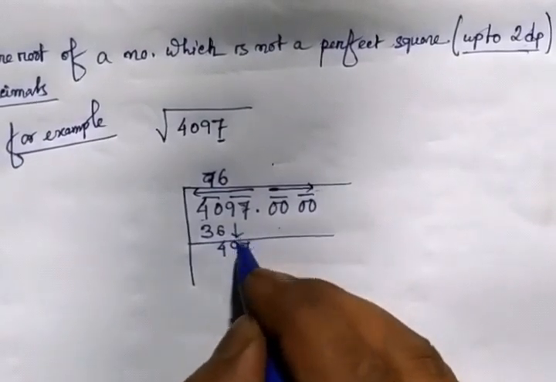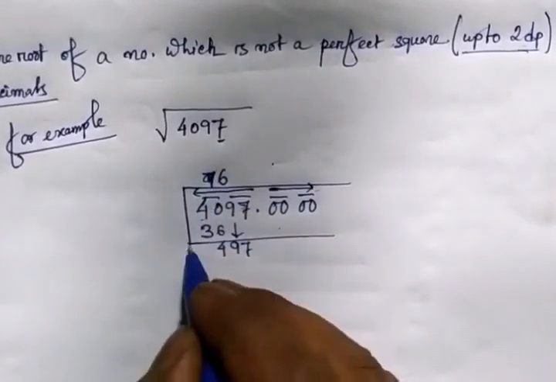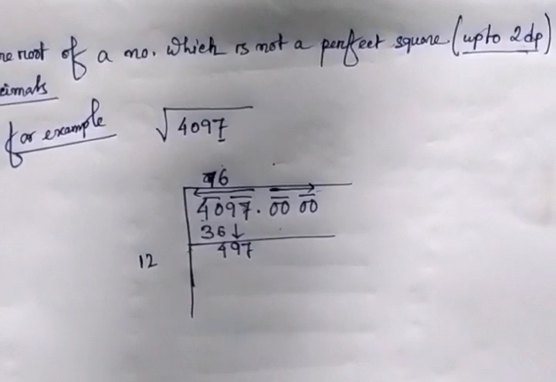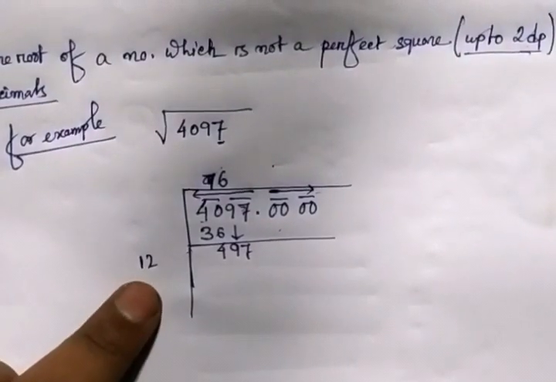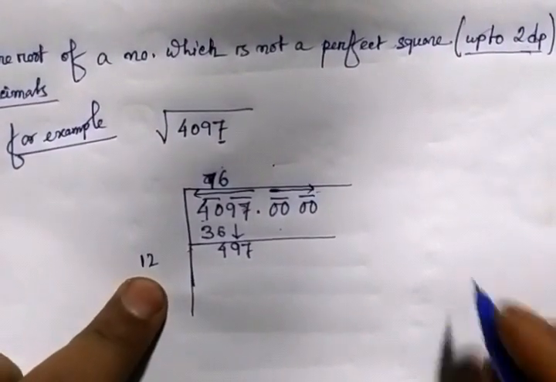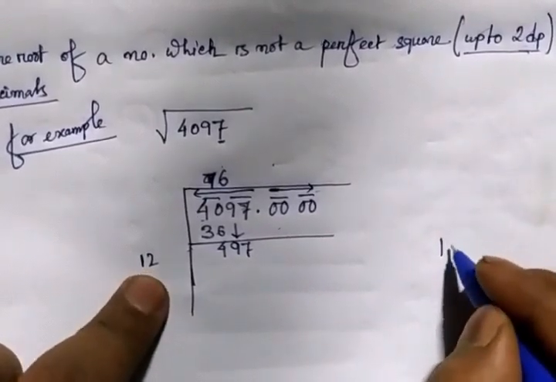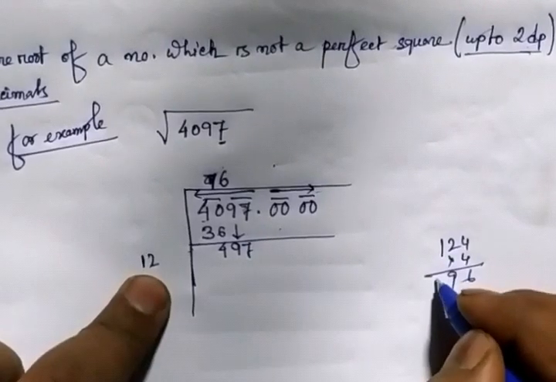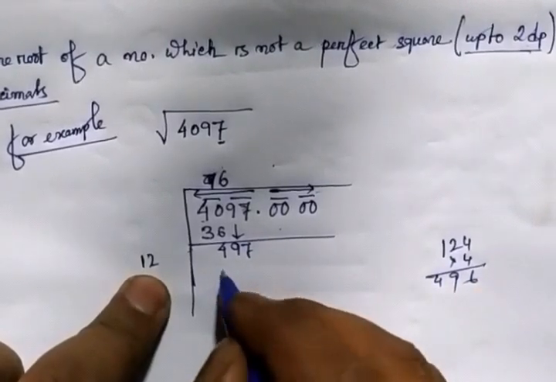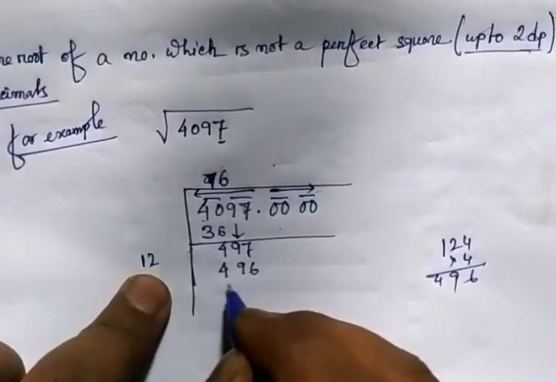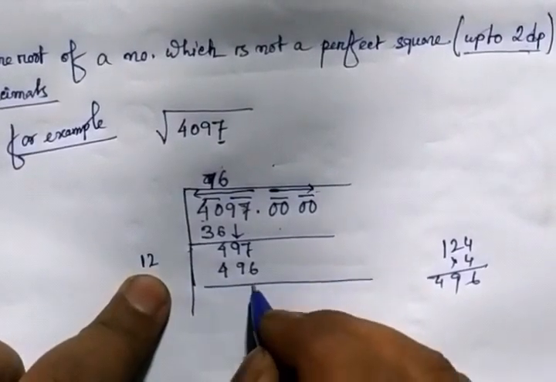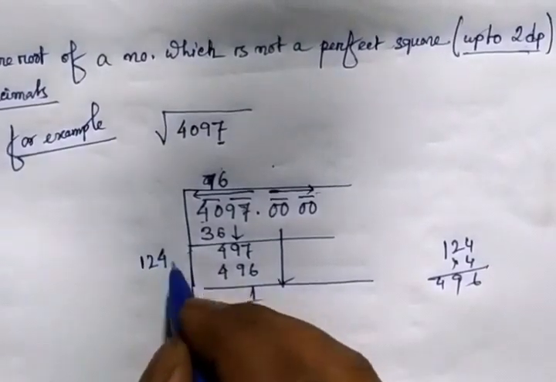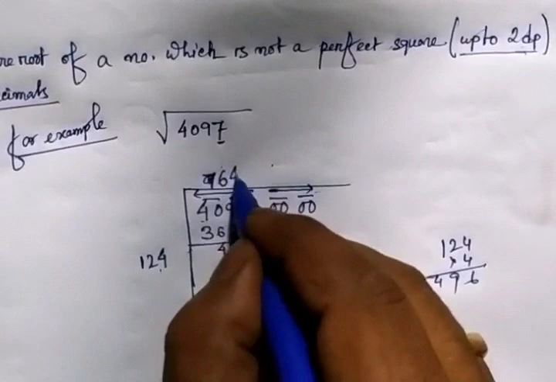One pair comes down, and here double of 6 is 12. Next, which value do we take here? If we take 4, it is nearest to 497. 124 times 4 is 496.